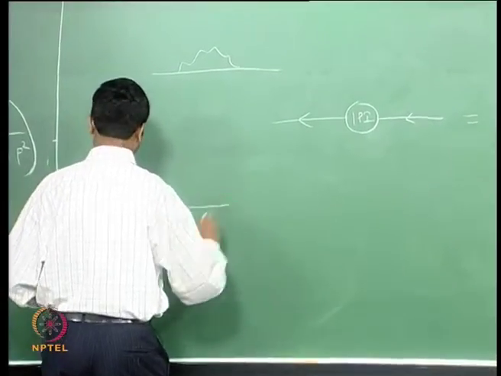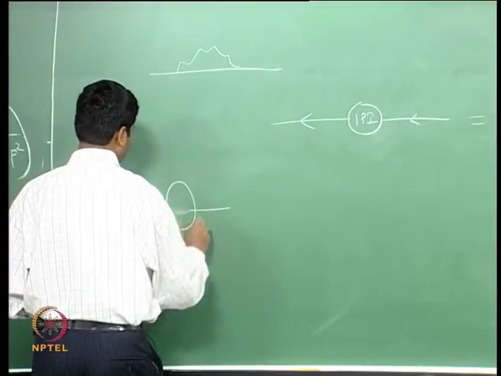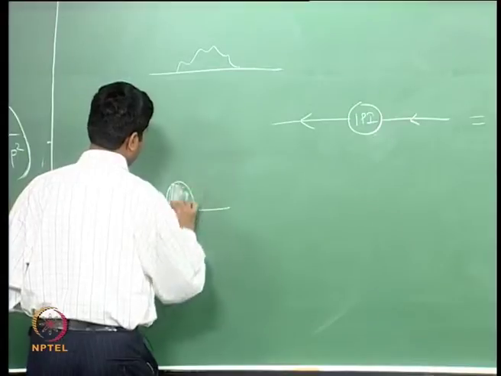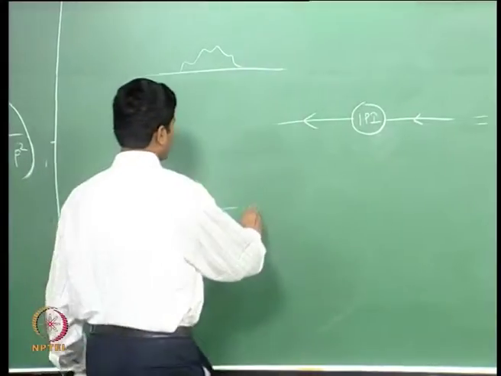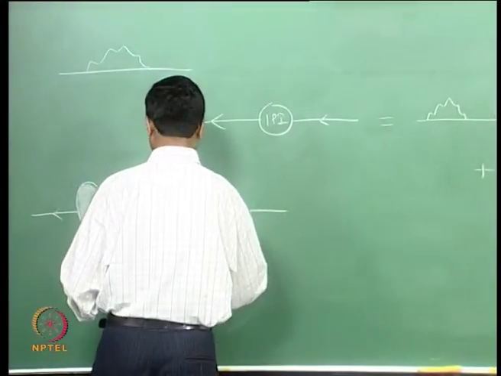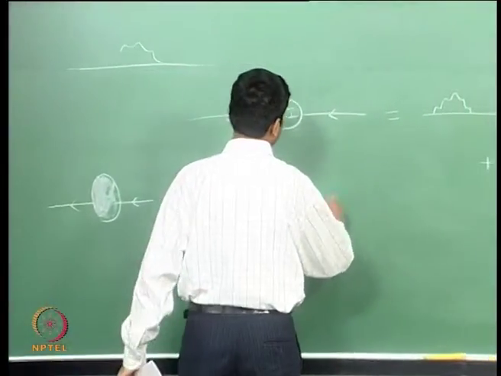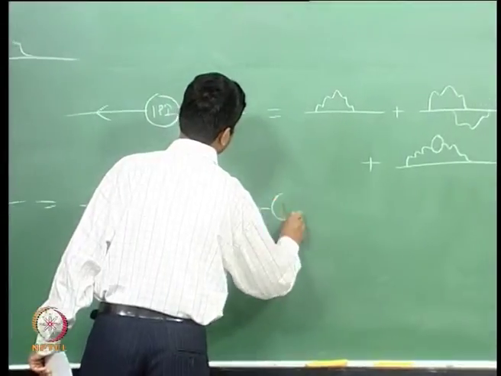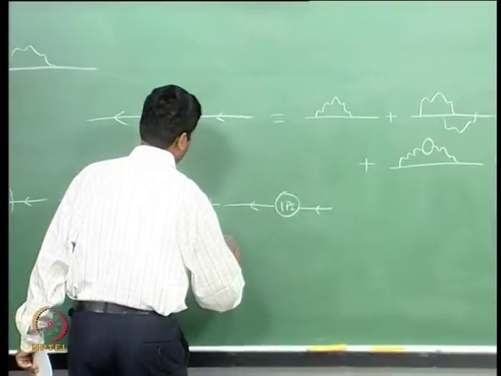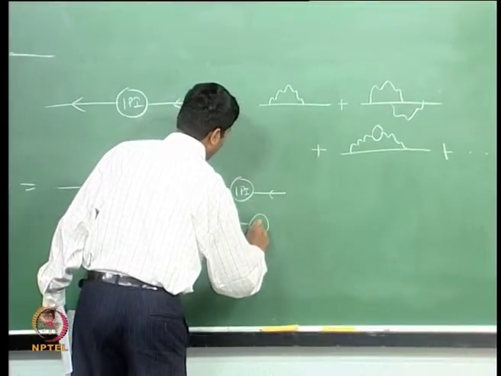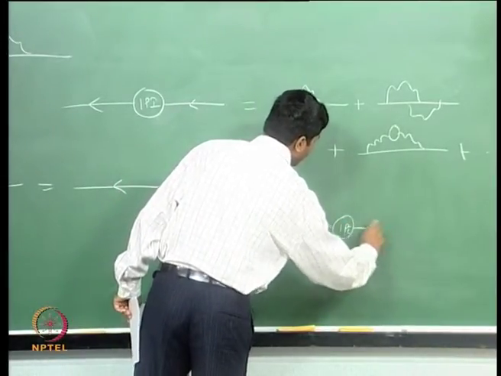So the 2-point function to all orders, I will denote it like this. This is at tree level, which is just the free propagator. Then you have a contribution from this, then you have this, and so on.